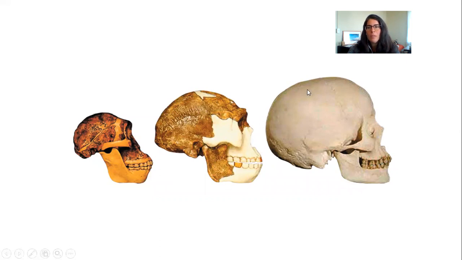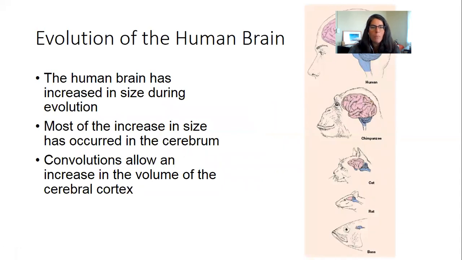And here we see the skull of a modern human. And you can see how much larger it is, how the teeth have changed to deal with our diet. Diet is thought to have an impact on the size and shape of our brain.